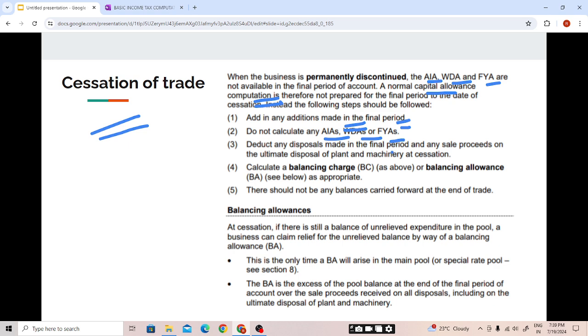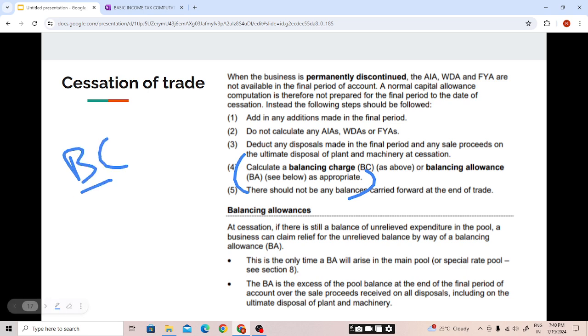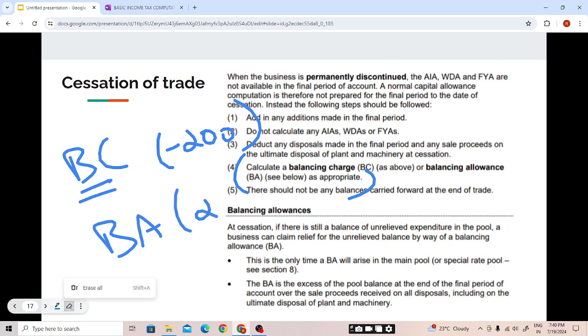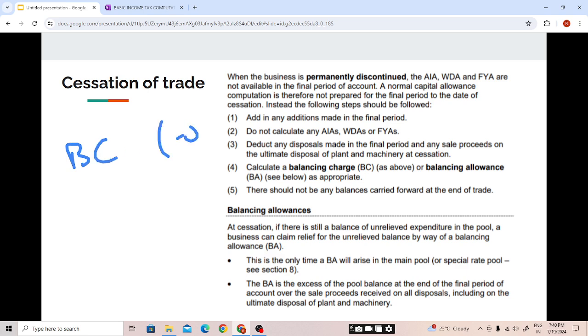Deduct any disposal made in the final period, and any sale proceeds which you have received from selling the plant and machinery during your cessation. When you cease your trade, you sell the plant and machinery, the sale proceeds which you have received you need to adjust. After doing the adjustment of disposal, either we come across a balancing charge, the negative balance, or balancing allowances, which is the positive balance.